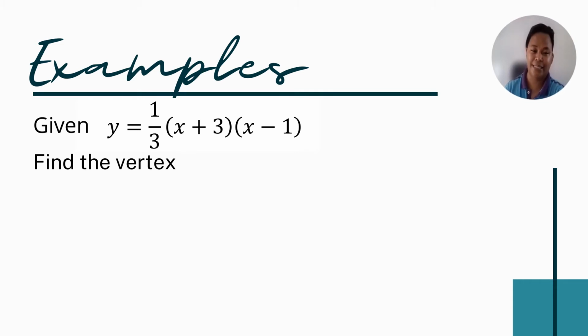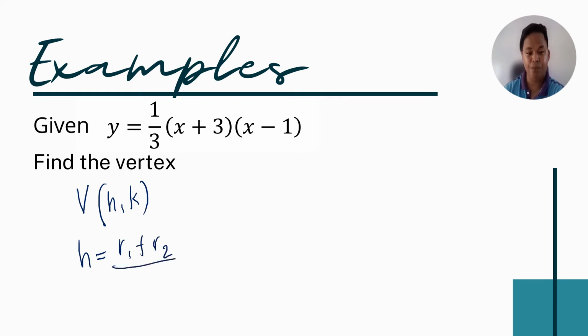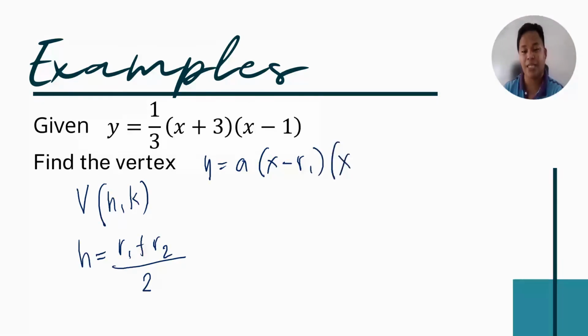The vertex is represented by (h, k), where h is equal to the sum of r sub 1 and r sub 2 all over 2. In this given function, we have y is equal to a times the quantity of x minus r sub 1, times the quantity of x minus r sub 2.